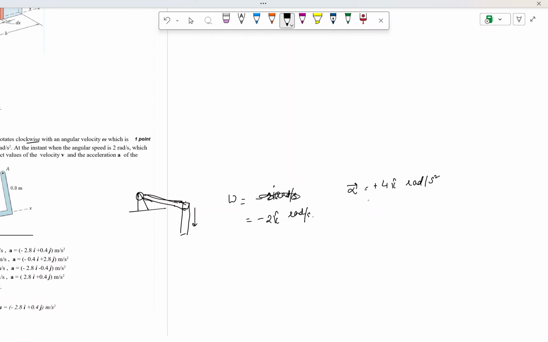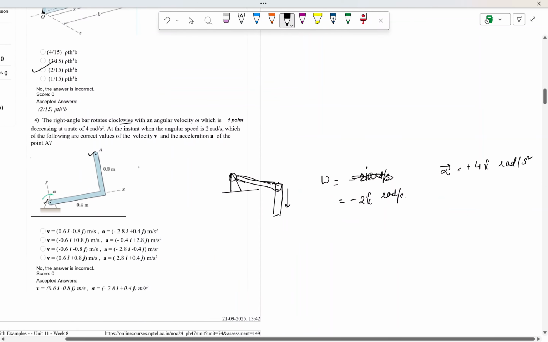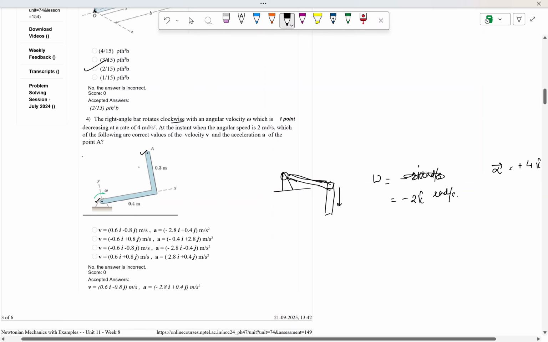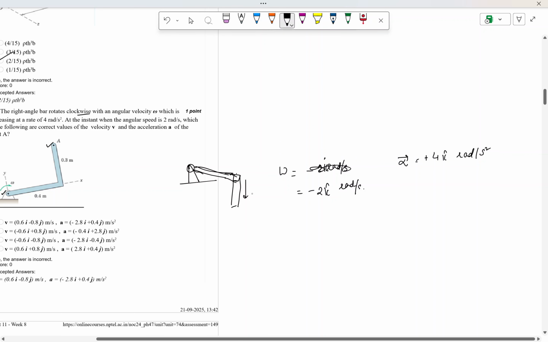Now the velocity and acceleration of this point A on this rod will be, so they have asked to answer both of the things, velocity and acceleration. So what is velocity first?